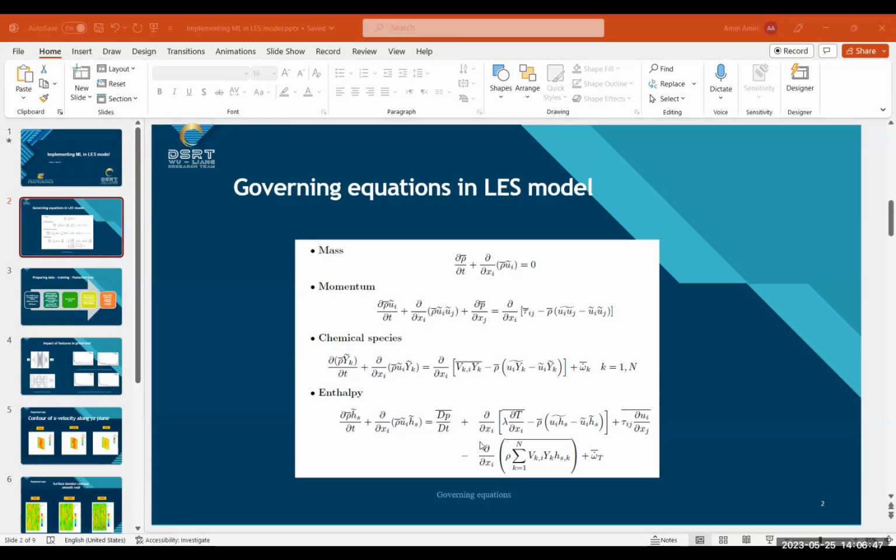Okay, here. For example, the scientists used this equation for solving this problem, but finally they couldn't get a good answer because they don't consider the proper features for predicting this function.